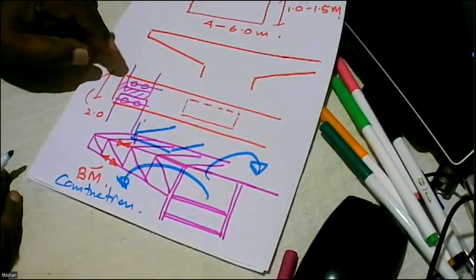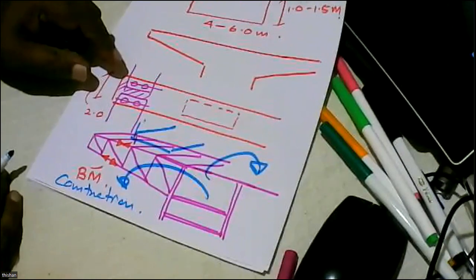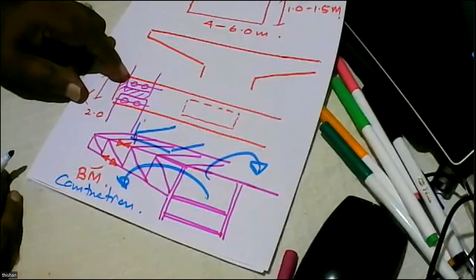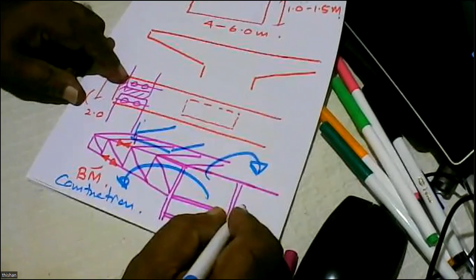So manually also you can get some idea, but if you create a computer model, you might be able to get a better idea of the type of moments that will be induced in the structure by looking at the forces.